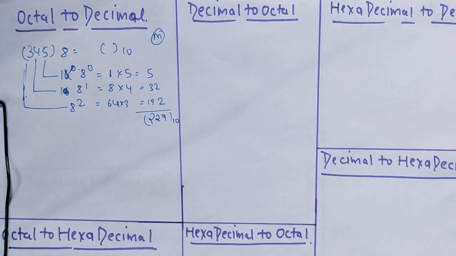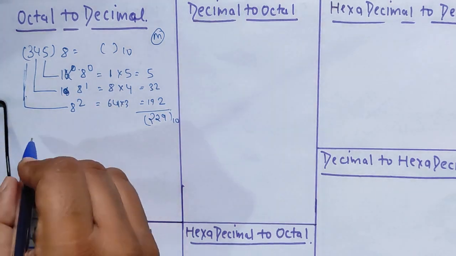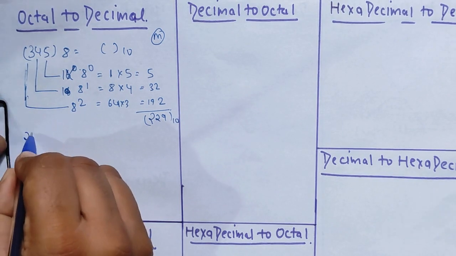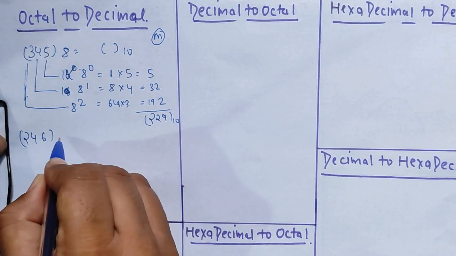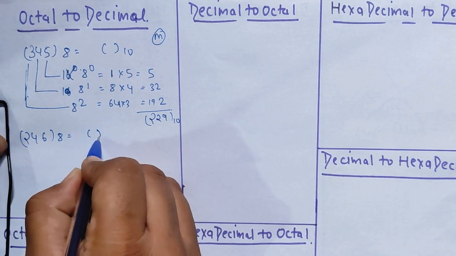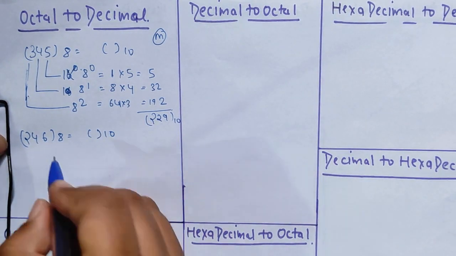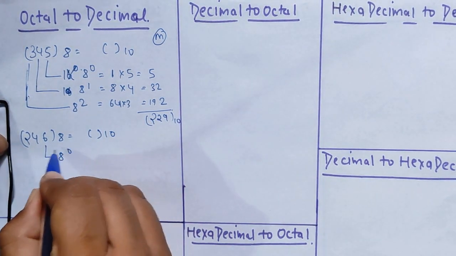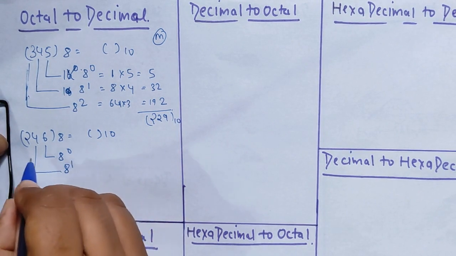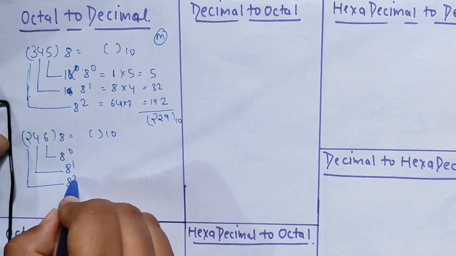Our decimal number is 229. Now I will solve one more question, and my question is 246. I have to convert this into decimal. Again, this is 8 to the power 0, this is 8 to the power 1, and this is 8 to the power 2.